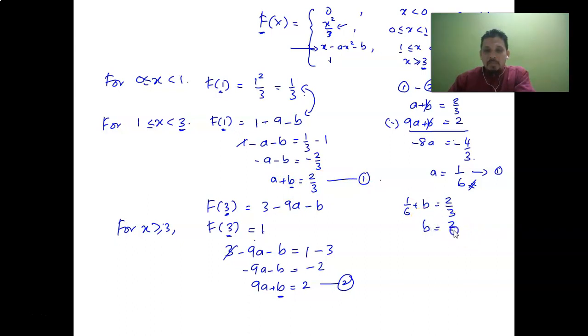Then b equals 2/3 minus 1/6. Change this into fractions with the denominator of 6: 2/3 is 4/6, so 4/6 minus 1/6 is 3/6, or b equals 1/2. So a is 1/6, b is 1/2.